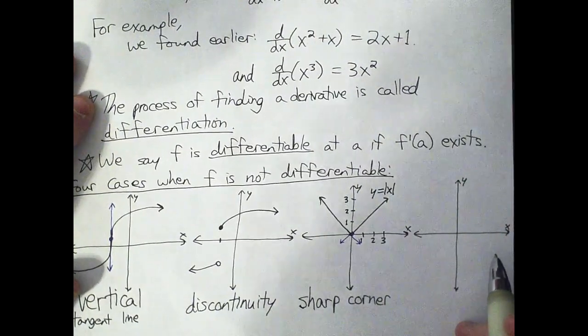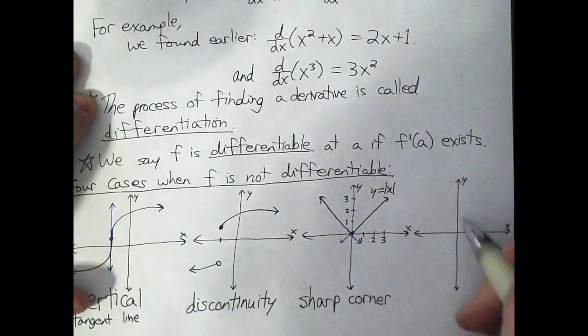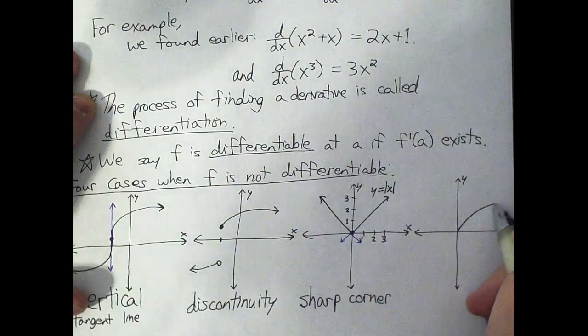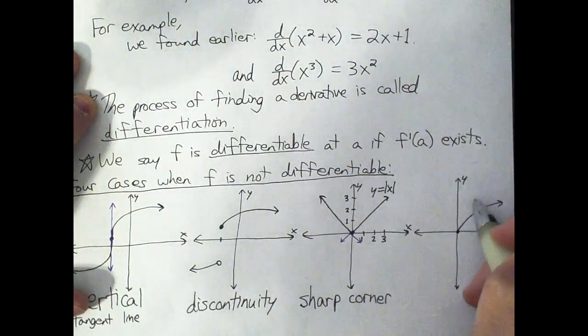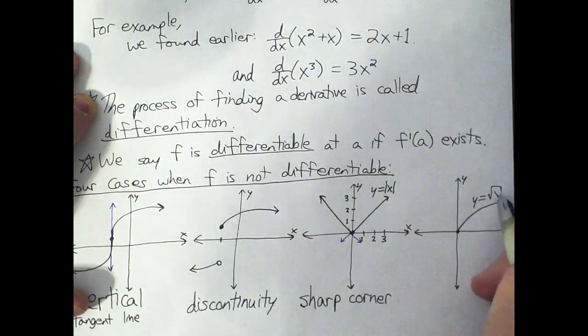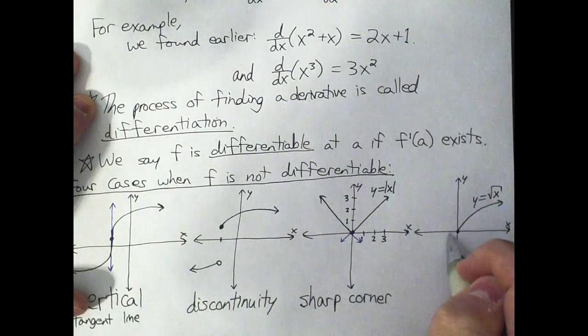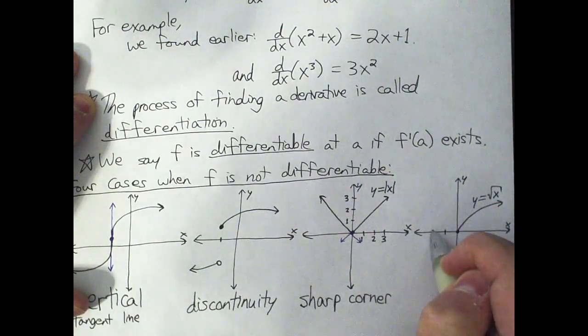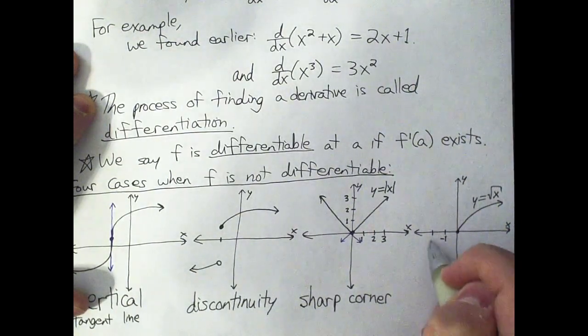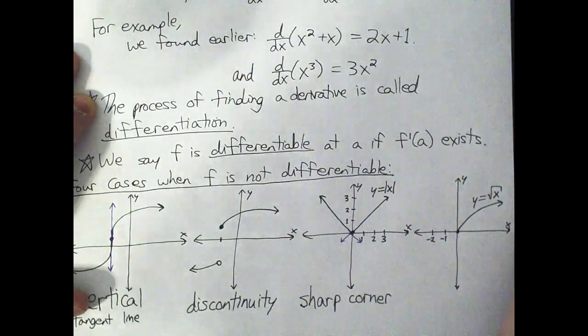The last case is actually going to be pretty simple. I'm going to use another function that we know. I'm going to use y equals the square root of x. And I'm going to say, what if we looked at this? What if we looked at it over here?